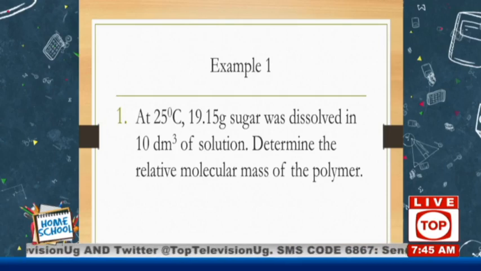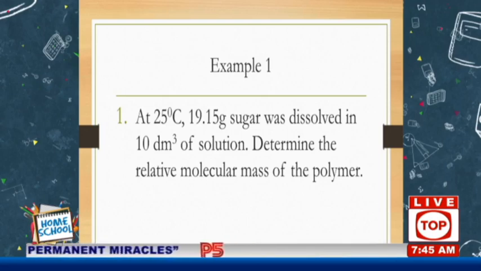The question is saying at 25 degrees Celsius, that is the temperature now, 19.15 grams of sugar was dissolved in 10 decimeter cubed of solution. Determine the relative molecular mass of the polymer.